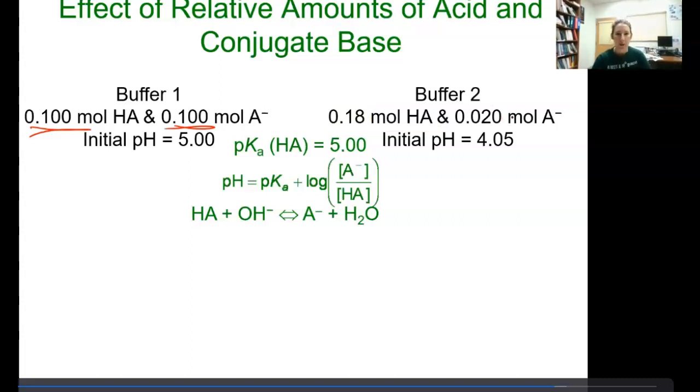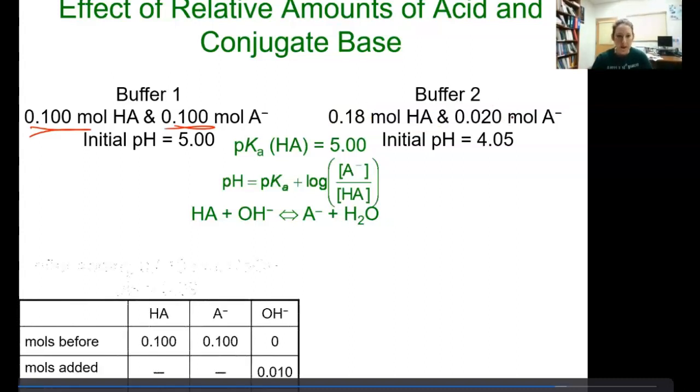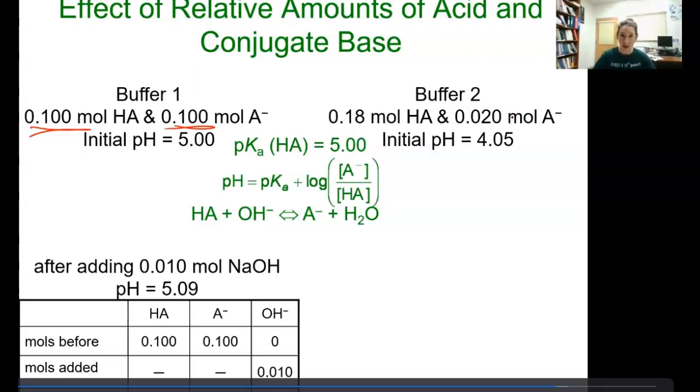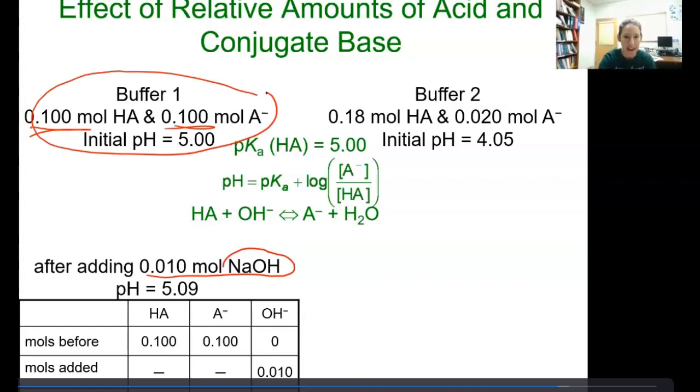Okay, so I look at my first buffer. I do my little moles table. So what I'm going to do is I'm just saying I'm adding NaOH. So I'll walk through this slowly because it's, again, just like we just did. So if I add NaOH to this buffer, my hydroxide, my base, is going to react with my acid.